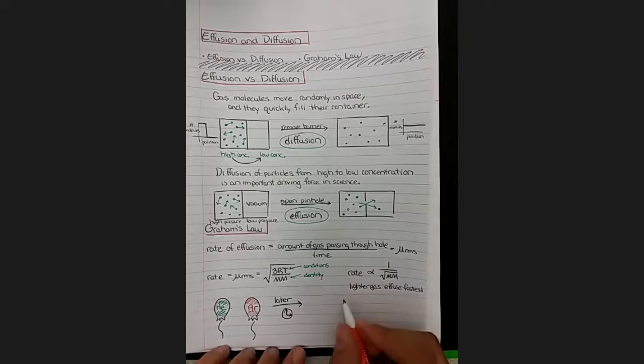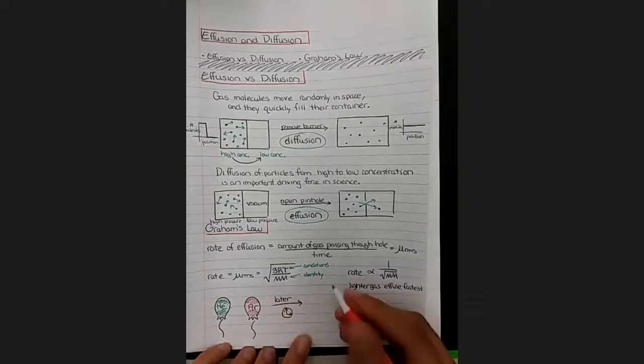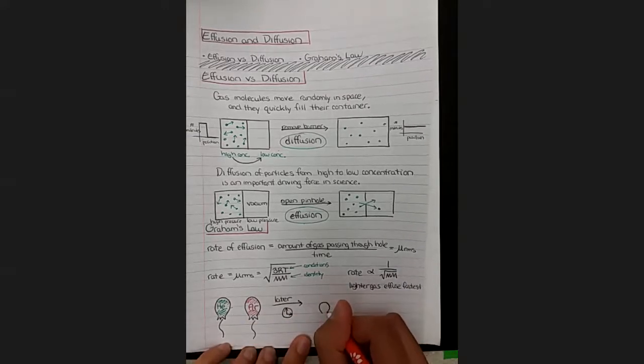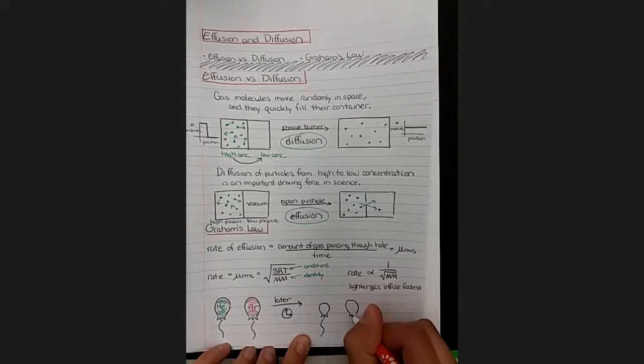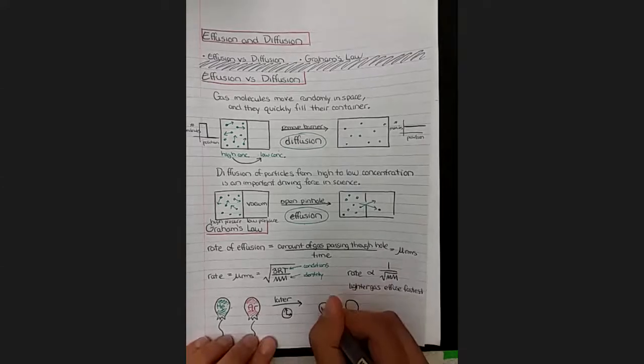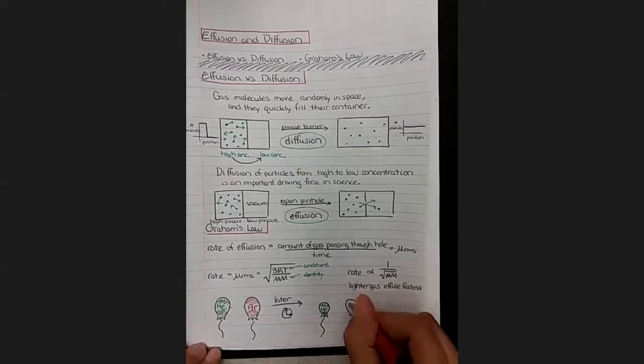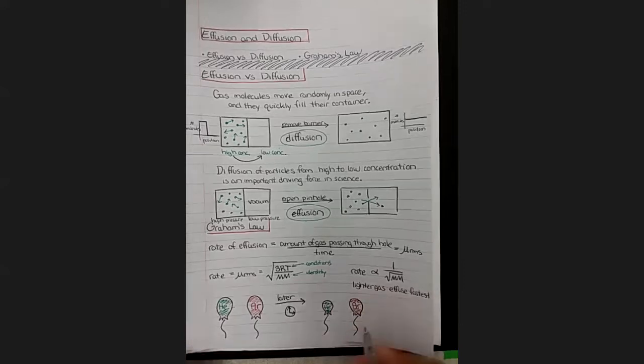So what that means is our lighter gas, helium, that balloon is going to be the smallest and the shriveliest overnight compared to the argon balloon, which has maybe only decreased in size by a little bit. Helium particles are the smallest, so more of them have been able to effuse out in the same amount of time as only a few argon molecules have been able to effuse out.